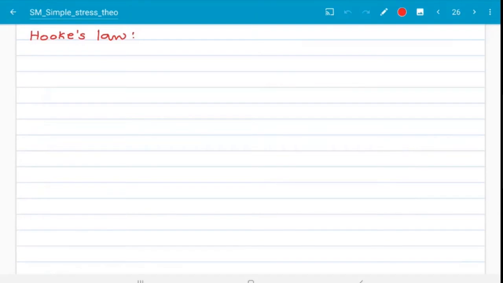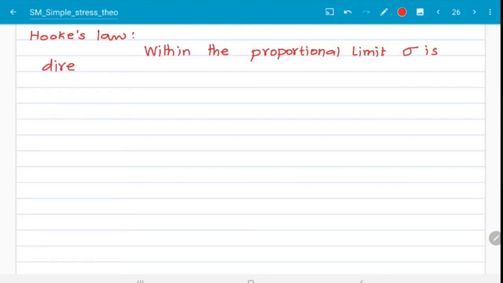Within the proportionality limits. Yes, correct. Within the proportional limit. That is the expected one, right? Within the proportional limit, stress is directly proportional to strain, right?